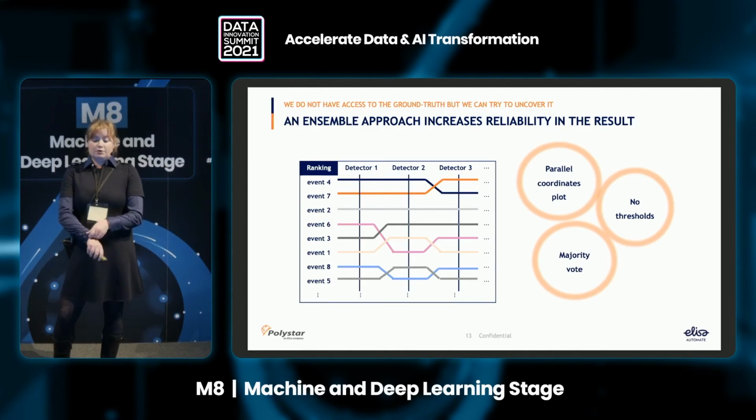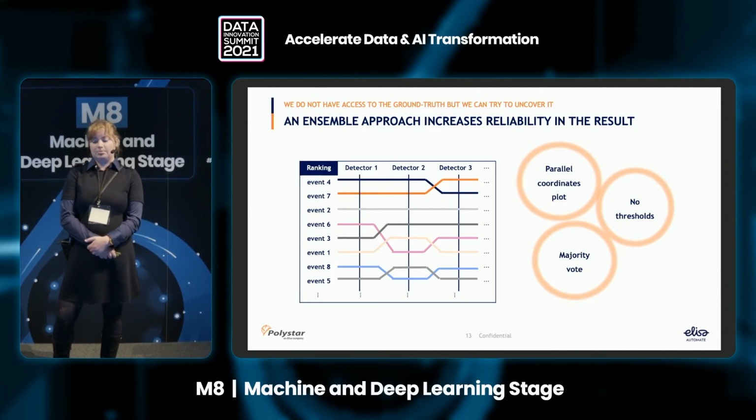One option is to do this parallel coordinates plot using the rankings of detectors. The benefit of that approach is that every detector generates these anomaly scores in its own way. They are not comparable to each other as such. If we were just examining these anomaly scores, we would have to do some kind of thresholding, saying that based on this detector these are anomalies, and based on that detector these are anomalies.